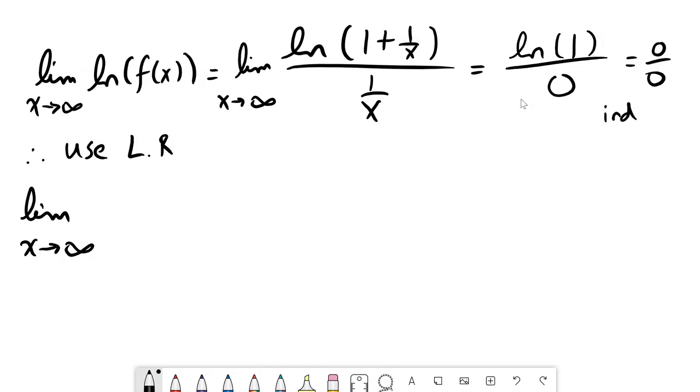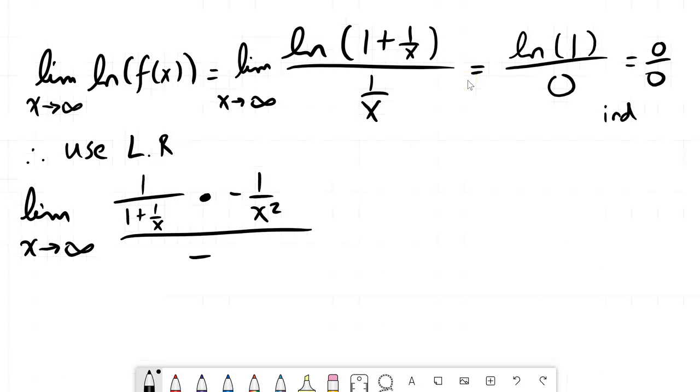The top one we'll have to use the chain rule, so I'll do the outside first. So the outside is 1 over 1 plus 1 over x times its chain, so it's negative 1 over x squared, right? The inside function. And then we just want to take the derivative of the bottom, which is this. And then notice that these have a common factor, so we can just get rid of that.